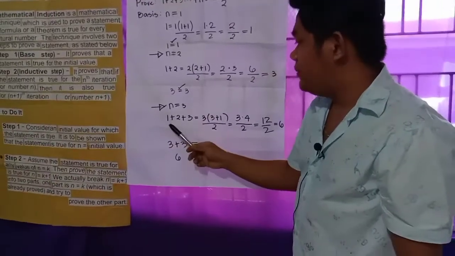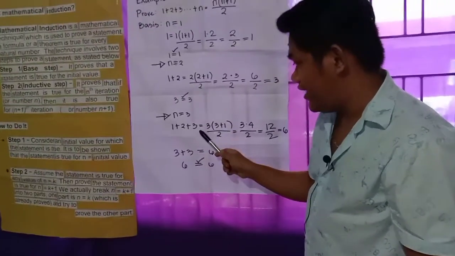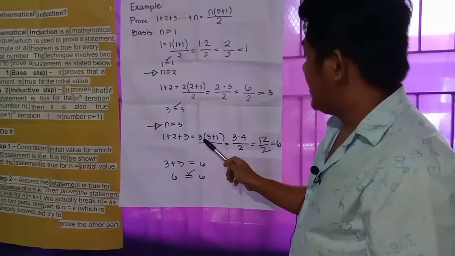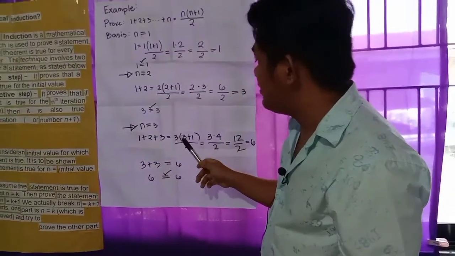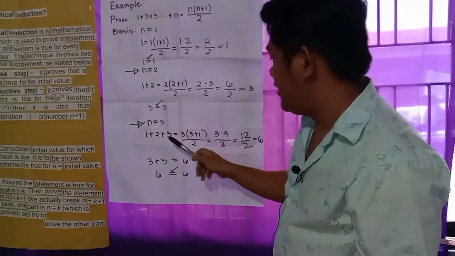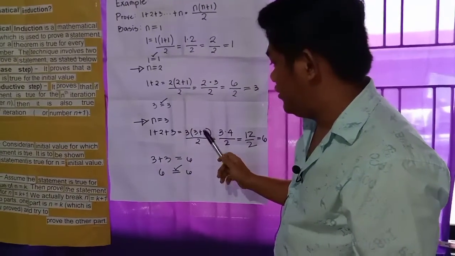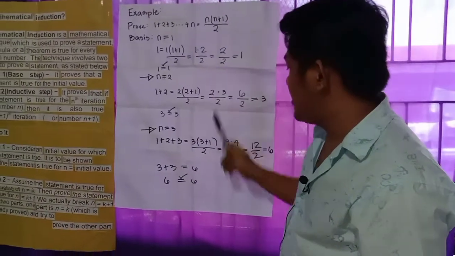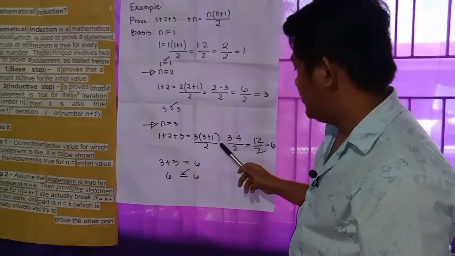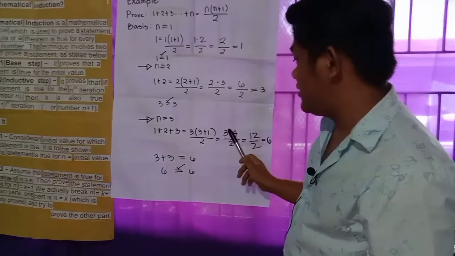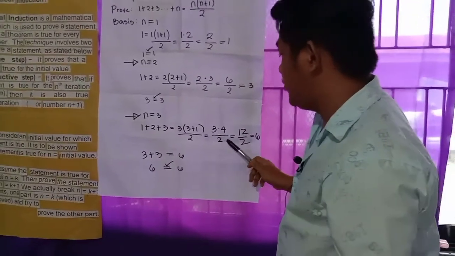So, 1 plus 2 plus 3 equals n, copy the n because that is the formula, so open parenthesis, n is 3, plus 1, close parenthesis over 2, copy the 2, copy the 3, equals 3 times, 3 plus 1 equals 4, over 2.